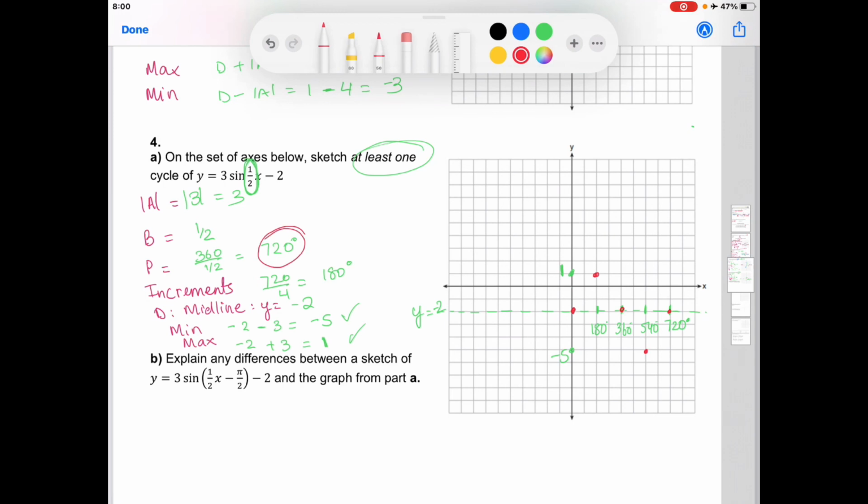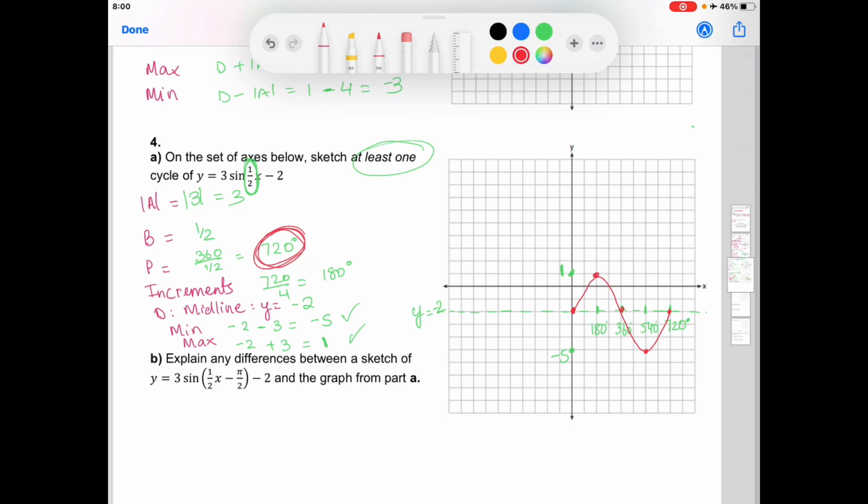We found out that our one period is 720 degrees, which is a bigger number than 360 degrees. So that is your one cycle. Okay? So you can scale it as you want as long as you have the right thing. I could have sketched it on the other side also, but then my pattern would have been backwards.